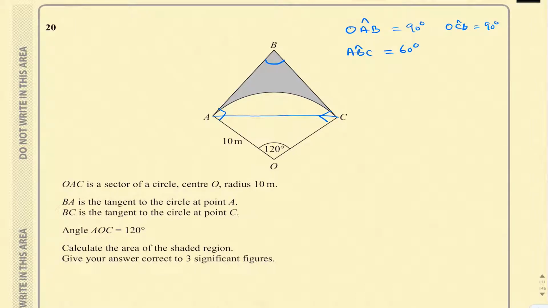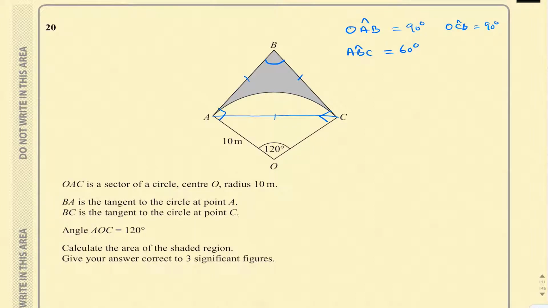Therefore angle BAC is also equal to 60 degrees, meaning this triangle here is an equilateral triangle.